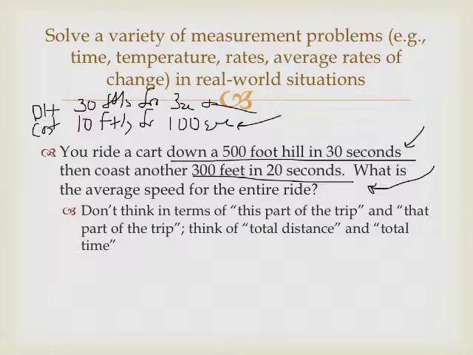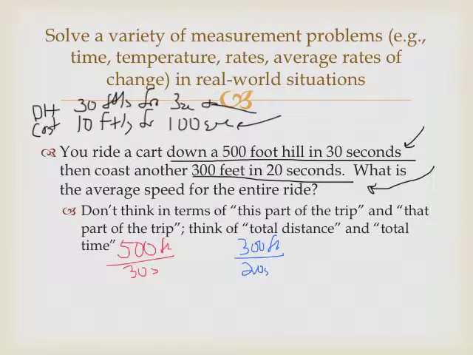So the best way to look at this is to not look at it as part of a trip. You want to look at total distance. Going downhill is 500 feet in 30 seconds. And then we're coasting 300 feet over 20 seconds.